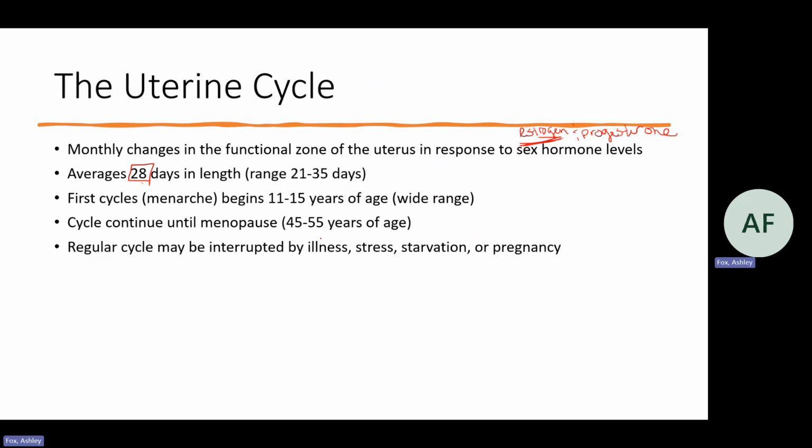And then it continues to menopause, which is usually around 45 to 55 years. The uterine cycle can be affected by a lot of things: malnutrition, severe stress, and even chronic illness. Obviously, if pregnancy is occurring, we're not having a normal menstrual period and uterine cycle.